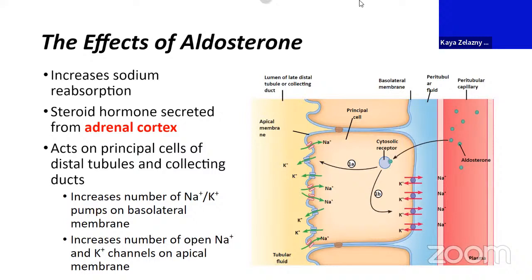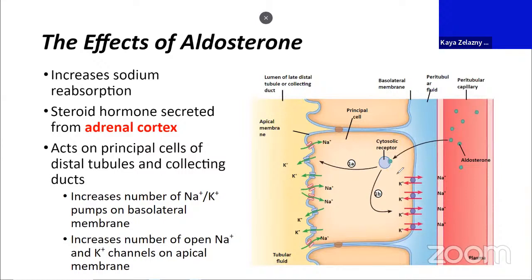So what it's doing is just what I just asked you. It increases the number of these sodium potassium pumps on the basolateral membrane, and then it increases a bunch of sodium channels on this apical membrane. So we can now pull sodium all the way through into the blood.